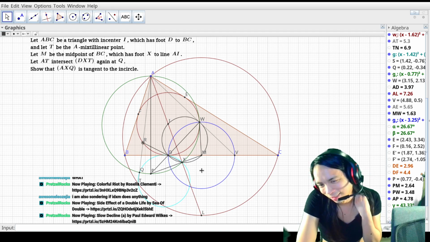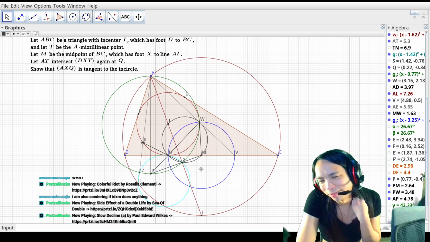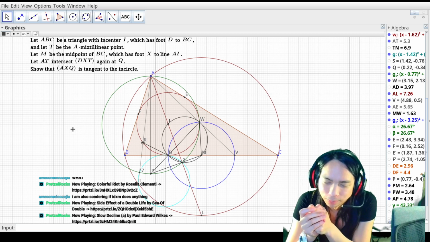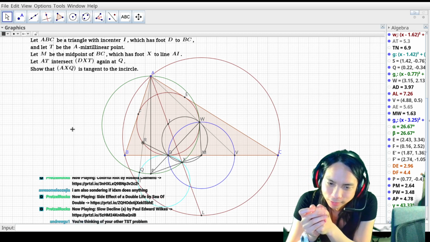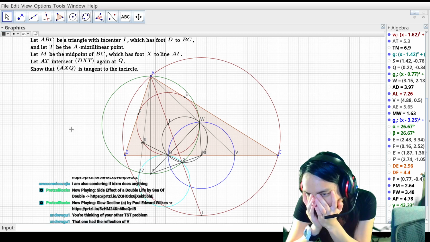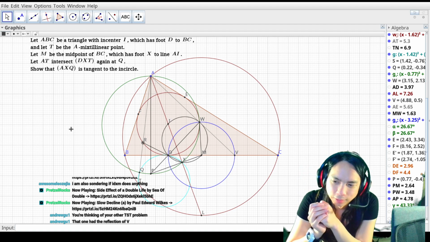It's like AT times AV happens to be AB times AC. I think triangle ABT is similar to triangle ACV, or not similar, it's like a root BC or whatever thingy. No, they are similar. ABT is similar to ACV.